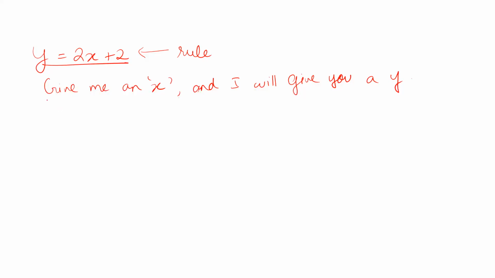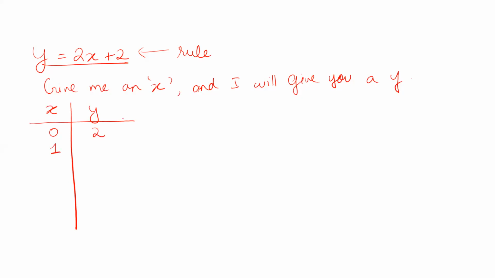You can have values of x and values of y. So when x equals 0, what's the value of y? Is it just 2? Yeah, it's 2.